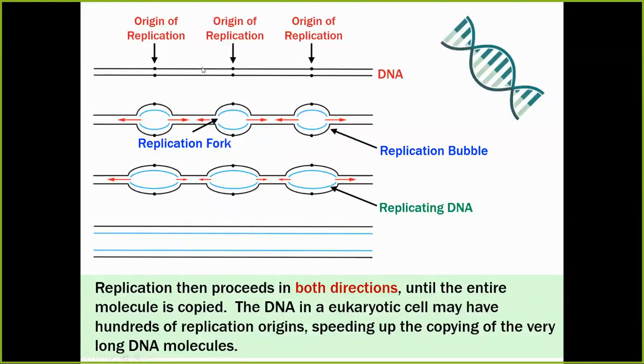So again, we start off with our normal DNA. The DNA has origins of replication where it starts to separate into a replication bubble. We get our replication forks on either side of the bubble, and that is where we start to unwind and build our new DNA.